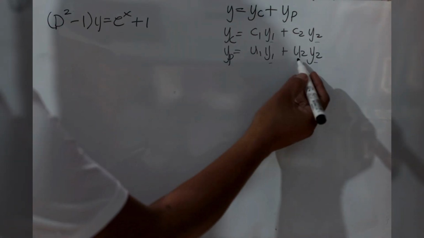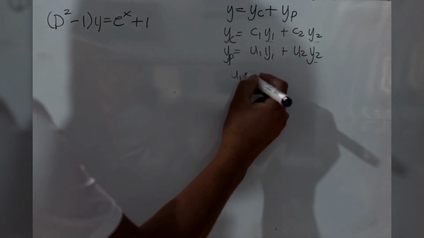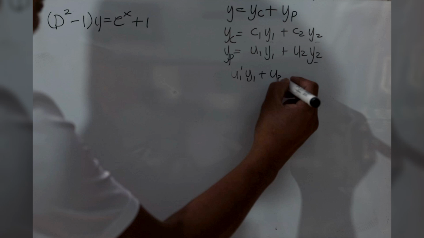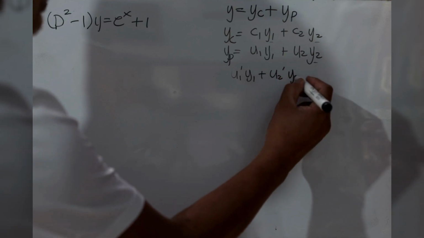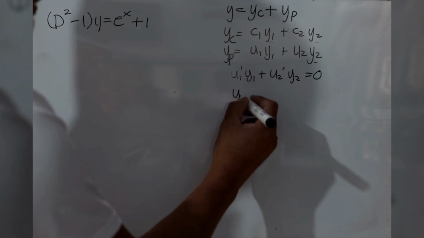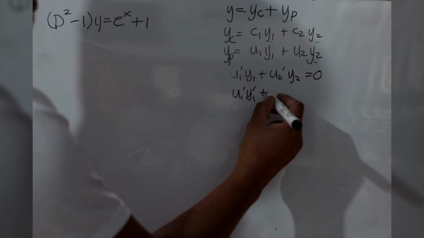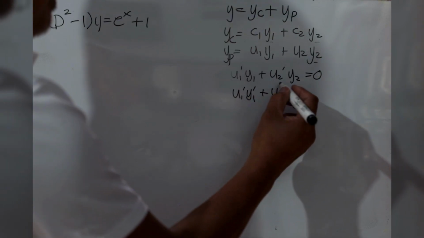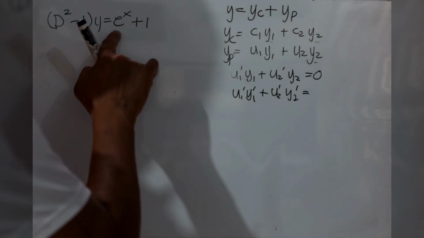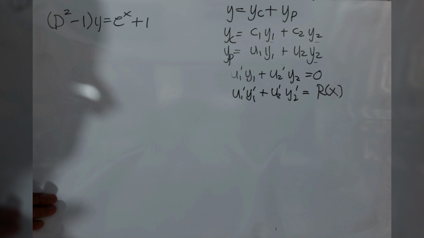So we need to solve for these. To solve for u sub 1 and u sub 2, we need two equations. And that will be u sub 1 prime times y sub 1 plus u sub 2 prime times y sub 2 equals 0. Another one is u sub 1 prime times y sub 1 prime plus u sub 2 prime times y sub 2 prime is equal to the right side of the equation, or r of x.